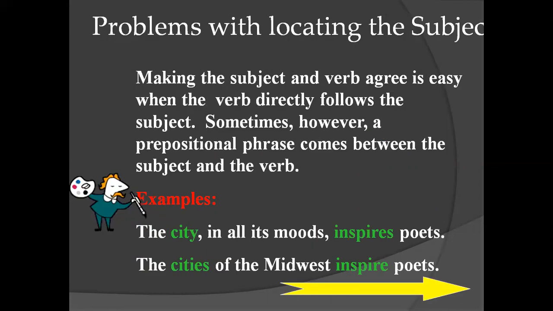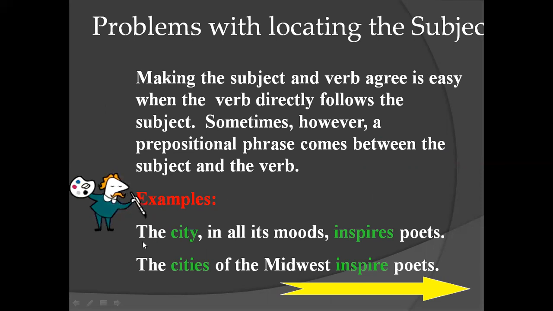Well, some problems with locating the subject. Sometimes we cannot say that it is a problem; it's also a type of sentence. Making subject and verb agree is easy when the verb directly follows the subject. Sometimes, however, a prepositional phrase comes between the subject and the verb.